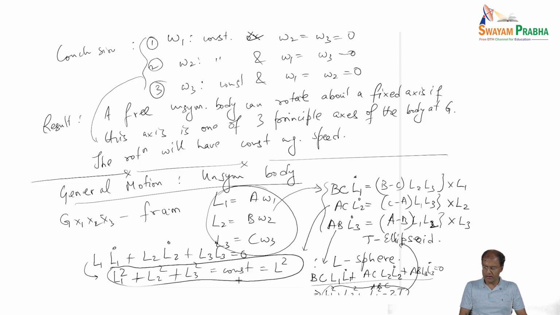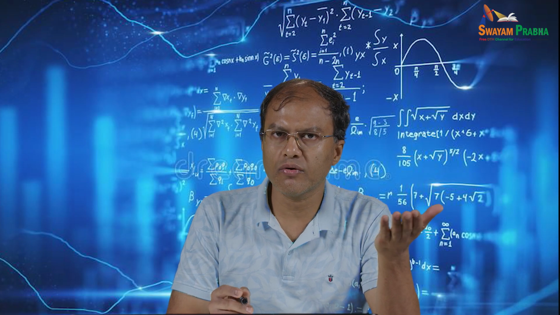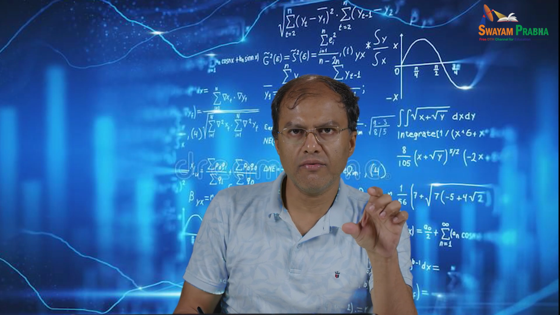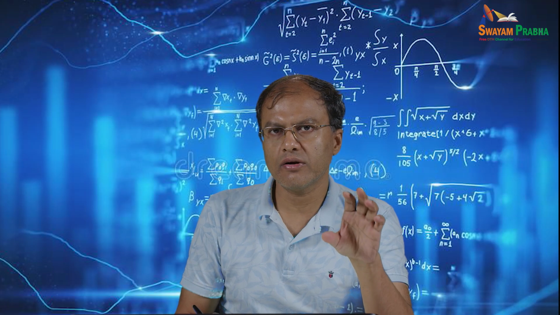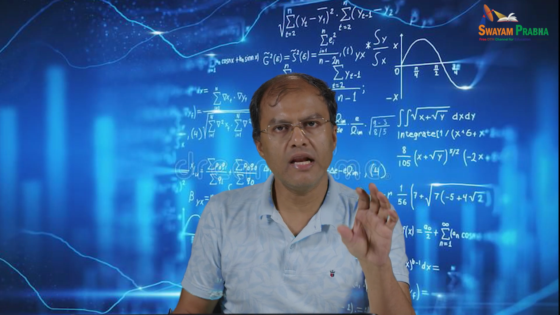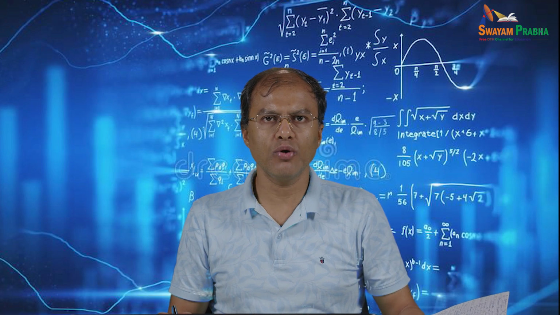So either the L sphere or the T ellipsoid. What I am trying to say is, for an object which has no potential energy, either the momentum is conserved, in the form of the L sphere, or the kinetic energy, or the total energy, is conserved in the form of the T ellipsoid. So this is another way of studying this problem geometrically.